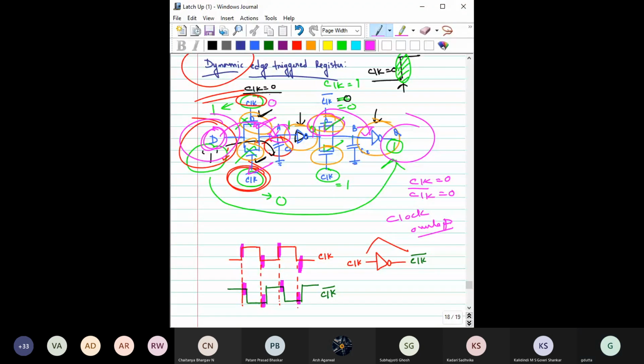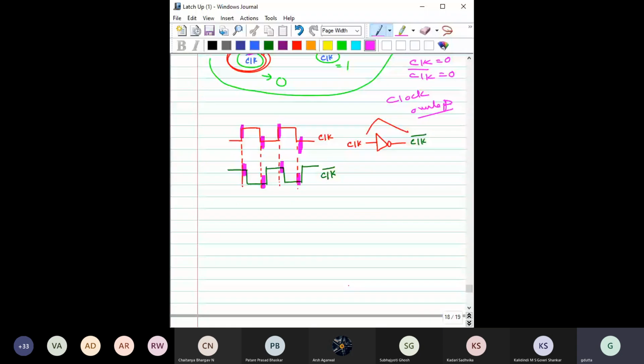So this is the clock overlap. If this inverter delay is very small, then this clock overlap does not play a much bigger role there.